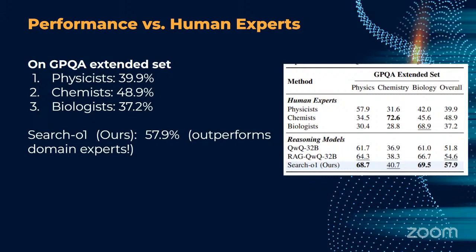Compared to Search-o1, which is the model we used, it achieved a score of 57.9%, which was significantly higher than all the human experts used for this particular GPQA benchmark. This is actually a breakthrough, which shows that these retrieval strategies can surpass human experts in terms of reasoning.